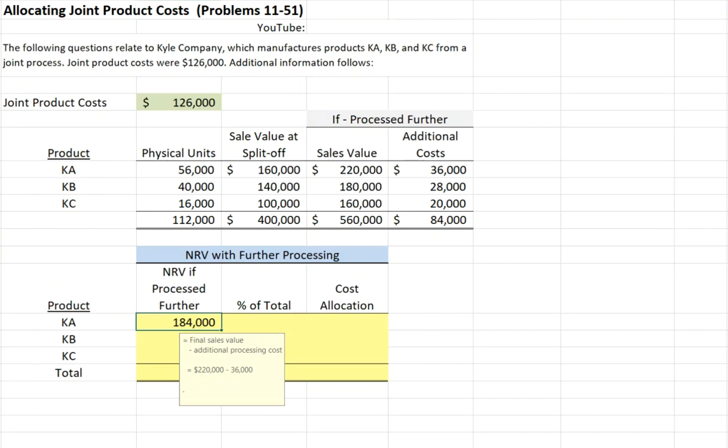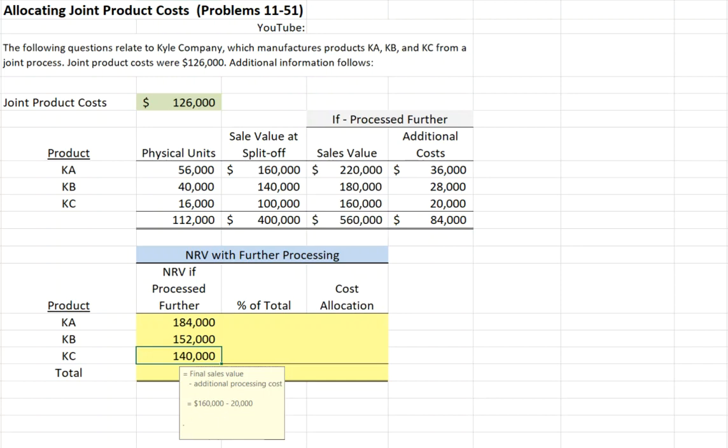$184,000 for product Ka. For product Kb, the net realizable value is $180,000 minus $28,000 in additional processing cost, or $152,000. And for product Kc, it's $140,000, which is the final selling price of $160,000 minus the $20,000 in additional processing cost. If we process these goods further, we will net $476,000.